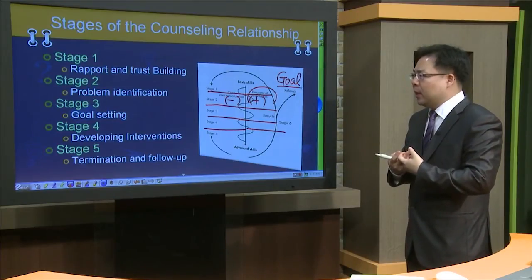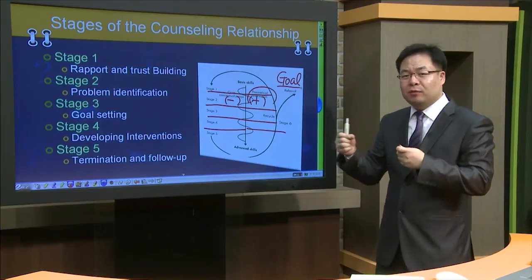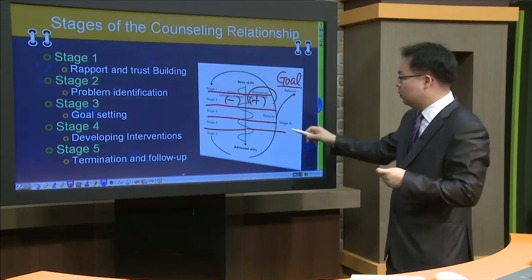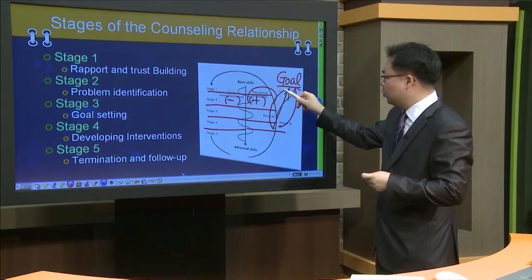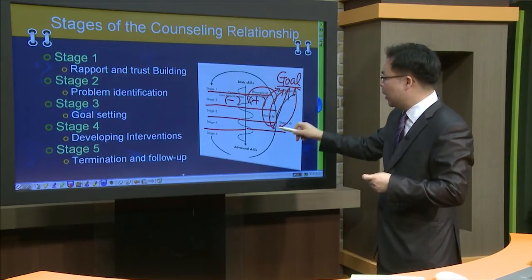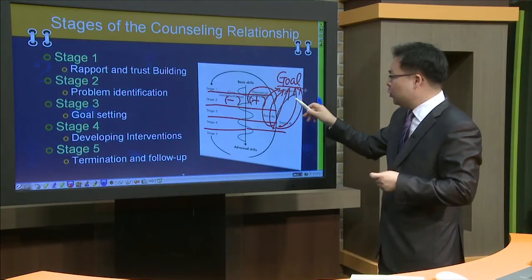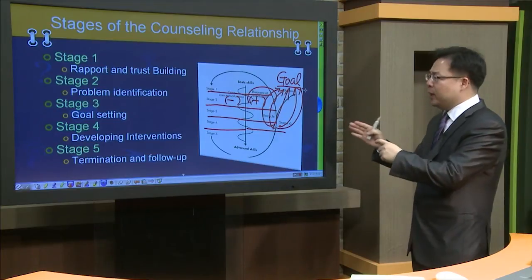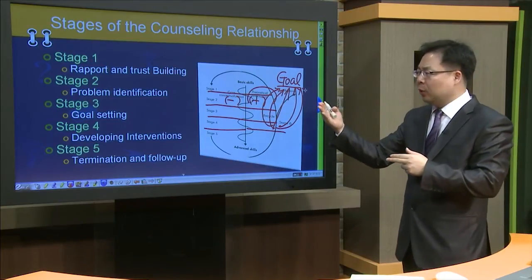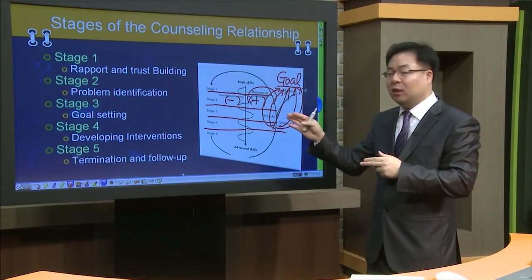Okay, that is the goal. But the next step is there are so many different ways to reach there. Intervention 1, intervention 2, there are so many different ways. Exploring a variety of interventions and strategies to reach the goal is stage 4, developing intervention.